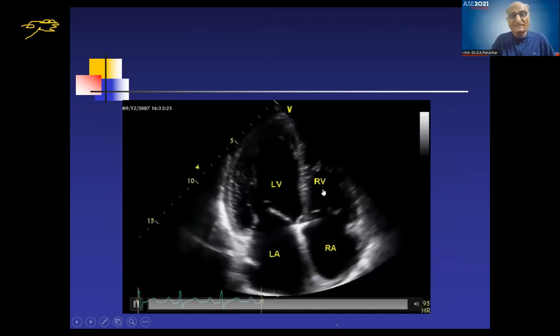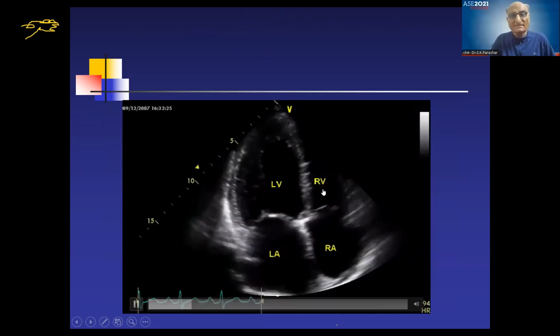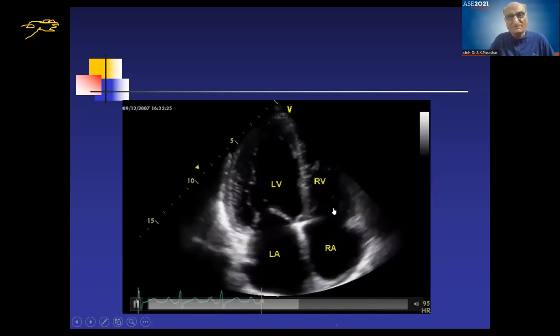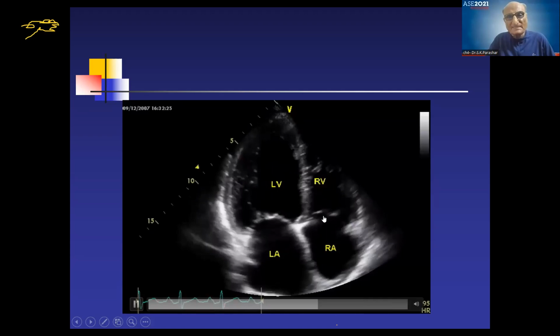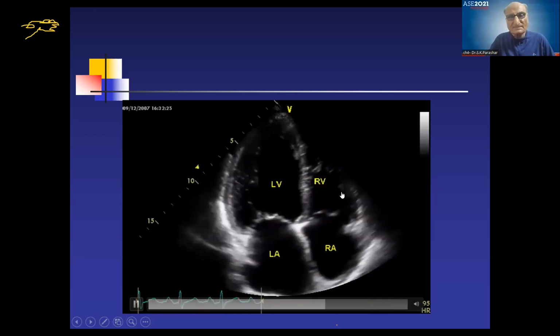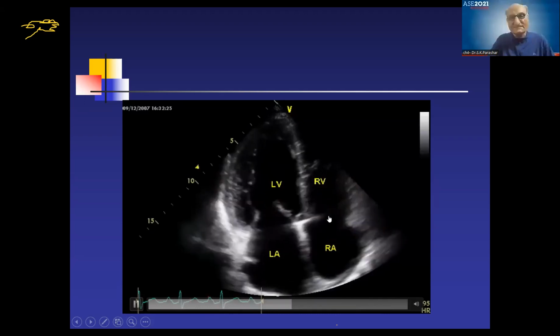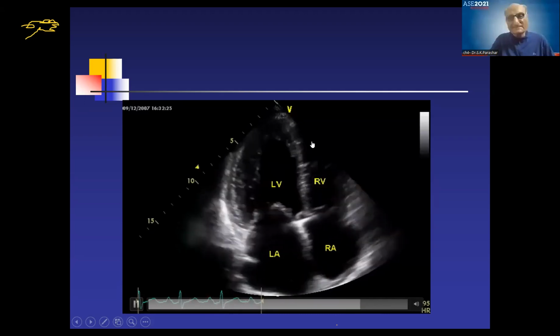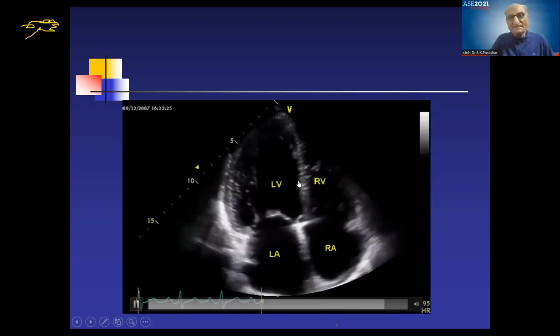Remember, the valve which is attached more toward the apical side is always the tricuspid valve, associated with the right ventricle. So this is the tricuspid valve, because it is attached more toward the apical side, and this becomes the right ventricle.